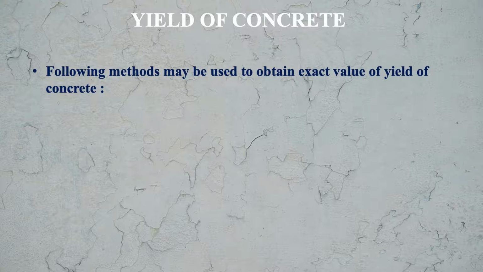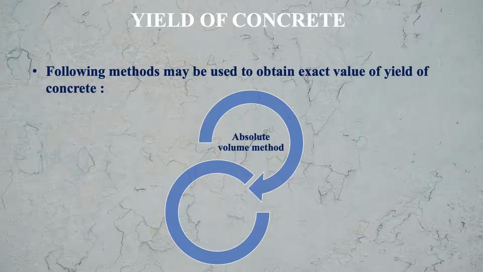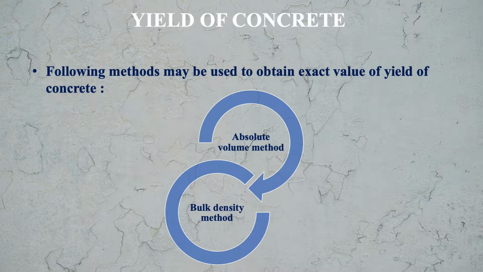The following methods may be used to obtain the exact value of the yield of concrete. Means from that formula you get an approximate value, but 2 methods are there to calculate the exact value of the yield of concrete. First one is the absolute volume method and second is the bulk density method.